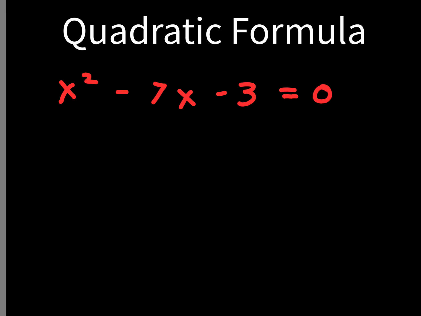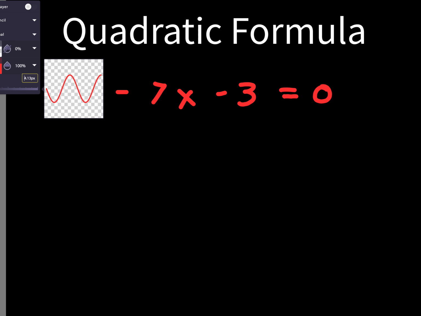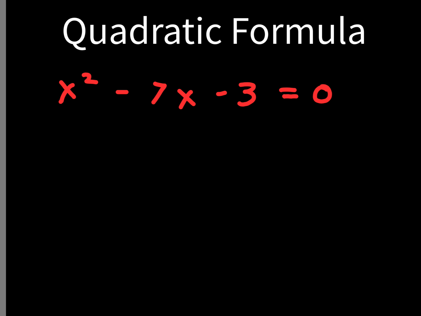So now I just have this same equation written out once again, and I'm going to begin to dive into how we would use the quadratic formula to solve this. When you see the quadratic formula written out, you'll notice 3 letters in it: A, B, and C. This A, B, and C set of numbers are not going to remain the same every single time you use the formula.